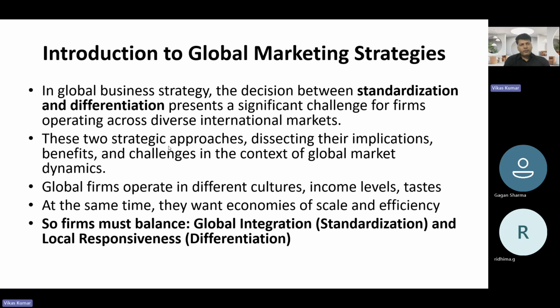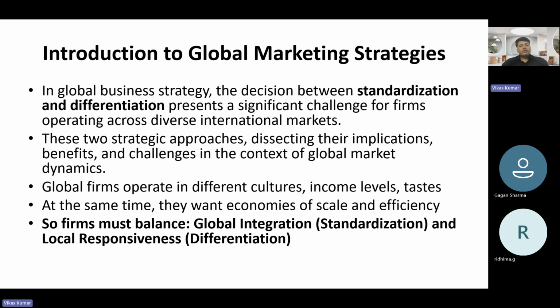Okay, so let's start with our last topic of Unit 2, which is differentiation and standardization. With respect to global marketing strategy, the decision between standardization and differentiation presents a significant challenge for firms operating across international markets all over the world.